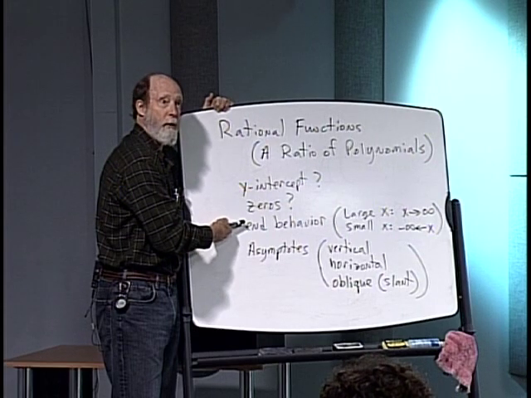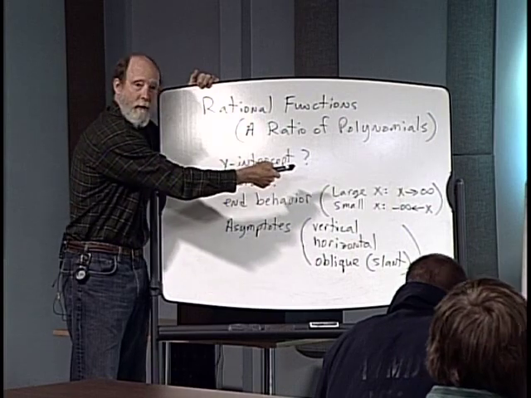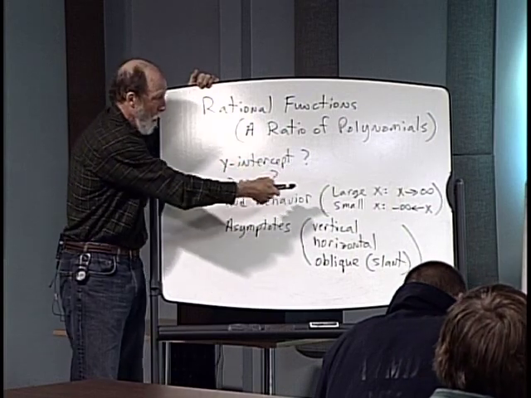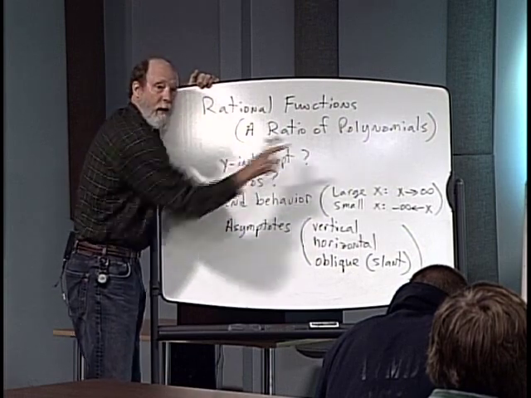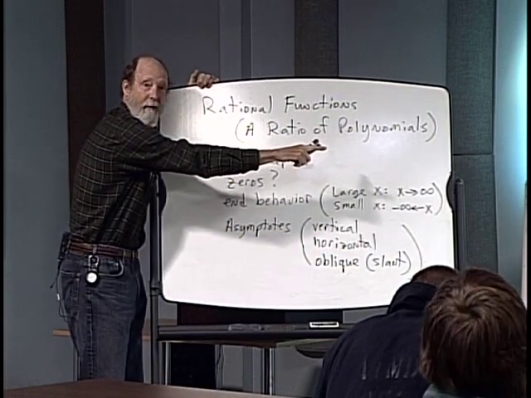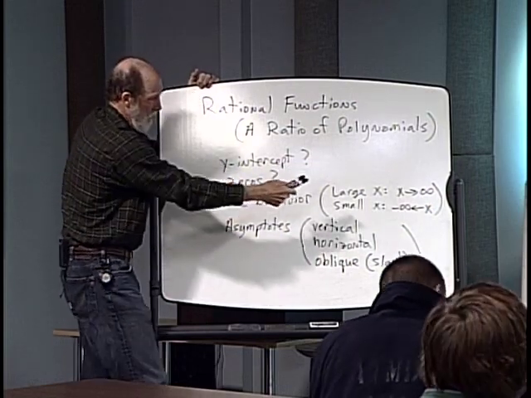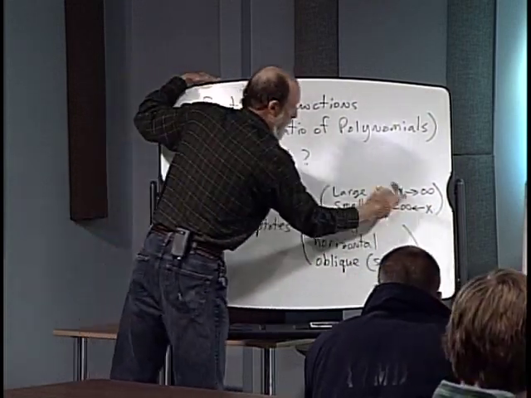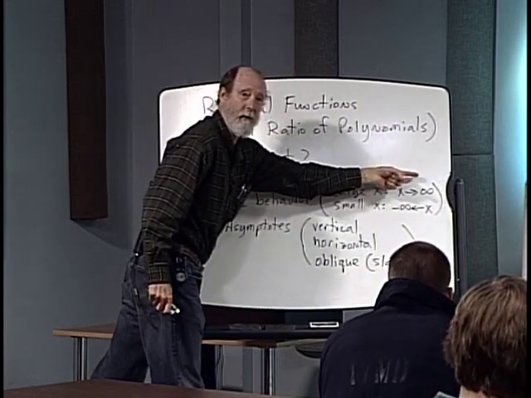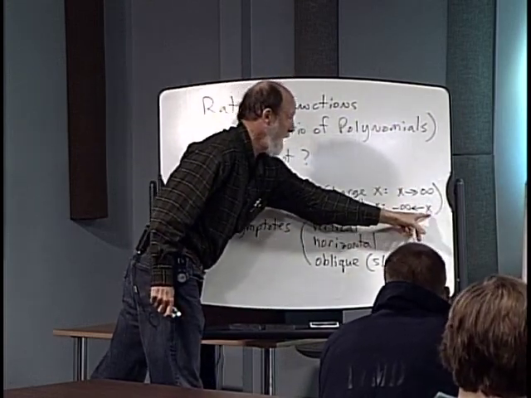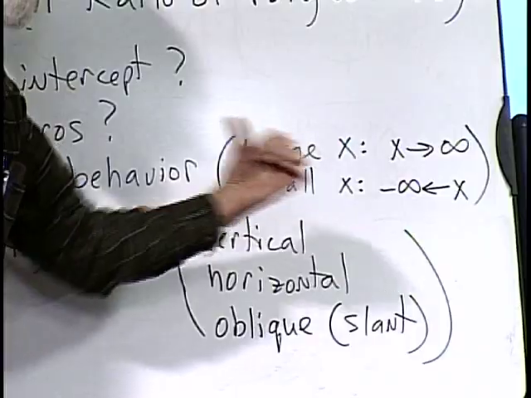When you're building a graph, how is it behaving way off to the right, for large x values as x approaches infinity? Or way off to the left? Notice I drew the arrow going to the right to indicate heading toward large positive x, and the arrow coming to the left, moving way off to the left on your number line for negative x values.